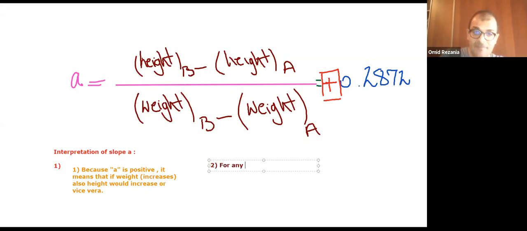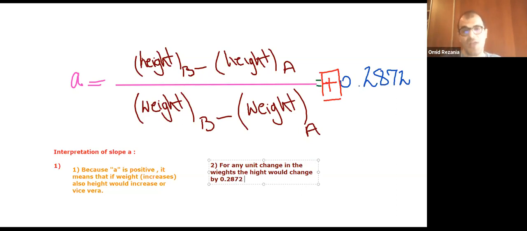For any unit change in the weights, the height would change by 0.2872, and it's going to be what? For the height, we just talked about the inches.